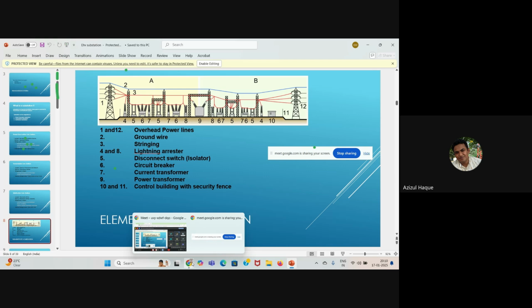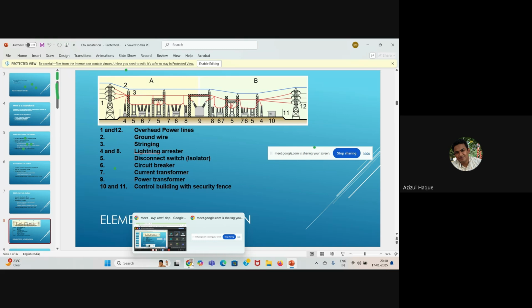In between, control of power takes place: how much power has to be sent, and in which feeder how much power has to be transmitted. All that is controlled and decided in this substation.